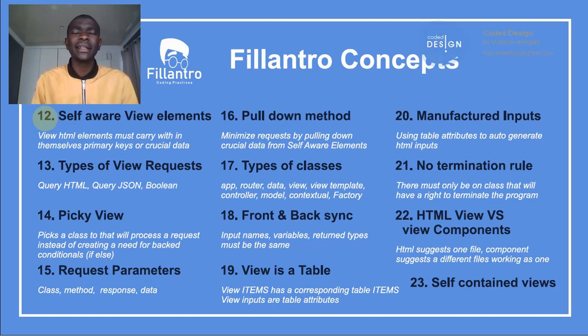An item name is an input database attribute or table attribute. Item ID is not an input attribute because I don't get it from the user. So I will list all the input attributes of the table, all those attributes that I will get from the user. Once I'm done with that, I will use that associative array with PHP to render all the inputs for my tables.